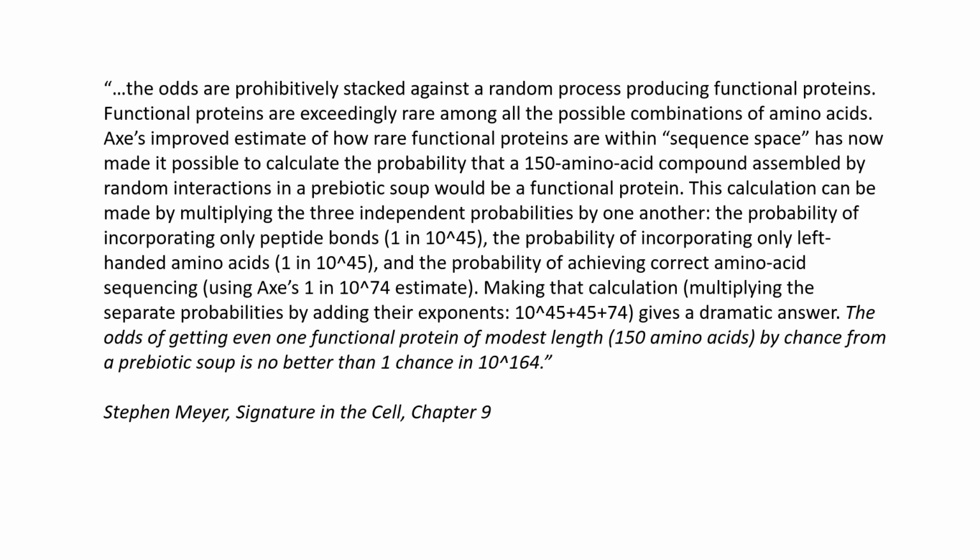Making that calculation, multiplying the separate probabilities by adding their exponents, we would get a dramatic answer. The odds of getting even one functional protein of modest length, 150 amino acids, by chance from a prebiotic soup is no better than 1 chance in 10 to the 164.